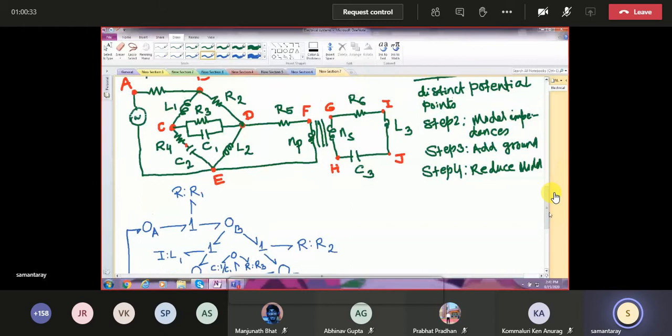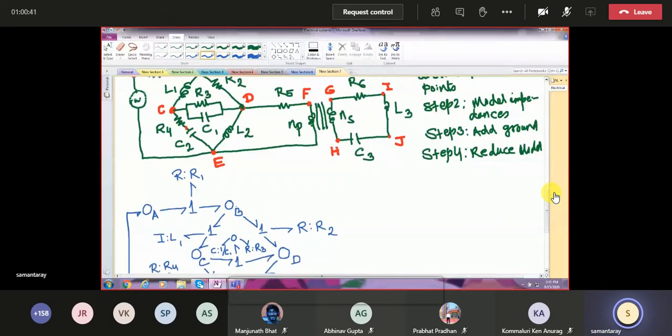But there is another thing. Between D and E, we have another impedance. What impedance is there? R5 and the transformer. R5 is there and the transformer is there. So that will be modeled between D and E. Already we have one junction here between D and E. We can include another junction, or maybe model the same one junction.